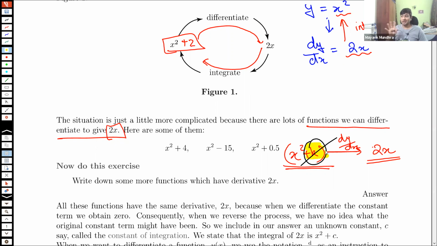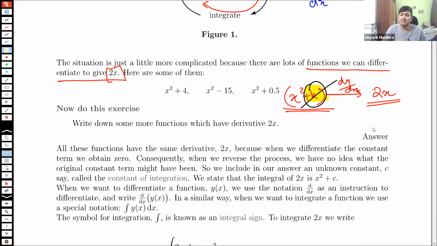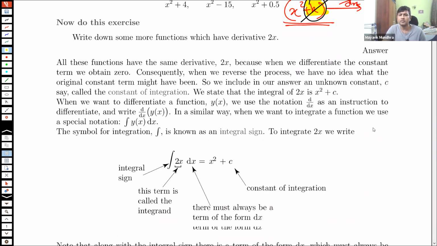The constant is lost in differentiation and cannot be generated back by integrating. If I just give you the differentiated function, you cannot get the original function. You will get an image of the original function, at least the part which was not lost.